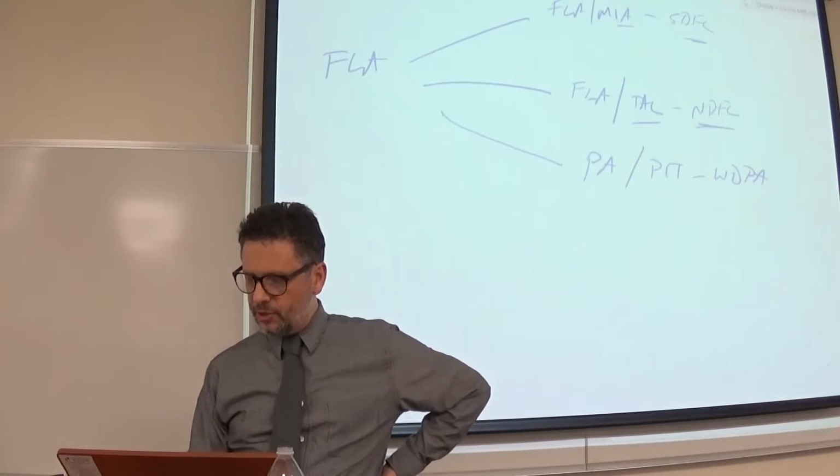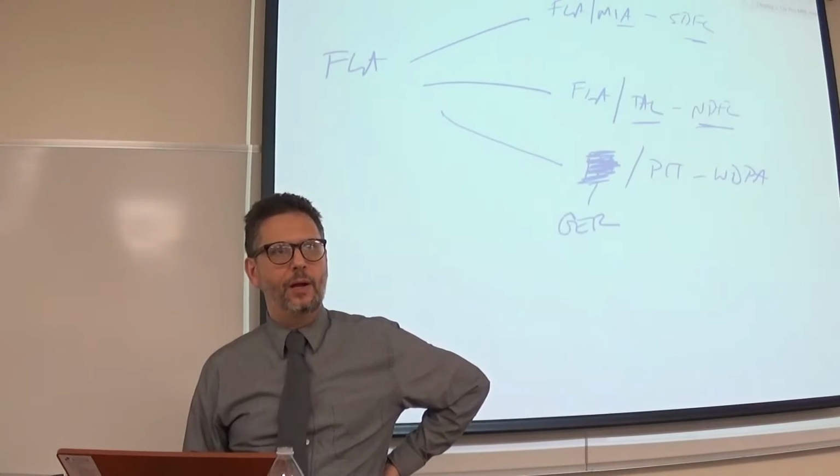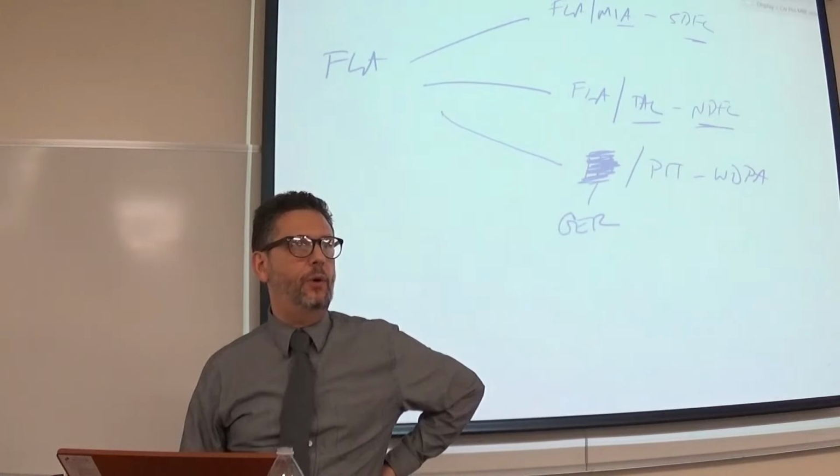What if this person is not a citizen of the state of Pennsylvania? Instead, they are a German citizen who is domiciled in Pittsburgh, in Pennsylvania, but specifically within the Western District of Pennsylvania. All right?